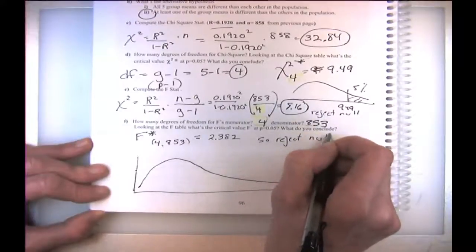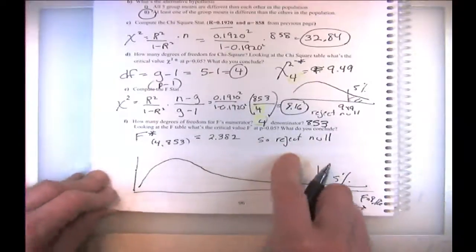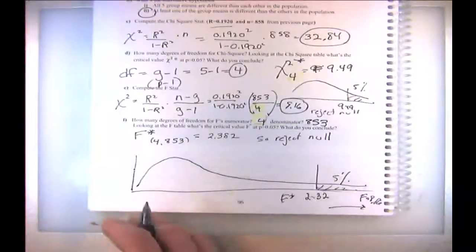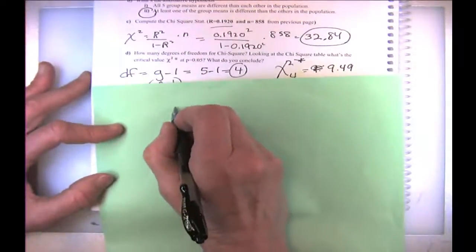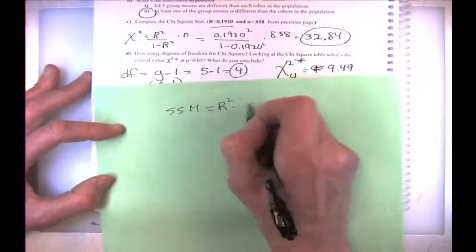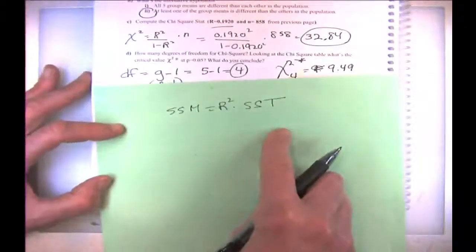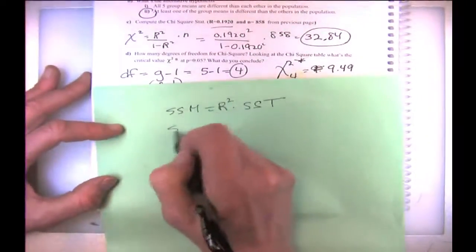And now, in the last couple of minutes, you asked me how I got r squared. You know the sum of squares model is equal to r squared times SST, and the sum of squares error is equal to 1 minus r squared times SST. Is this to answer your question in the back?